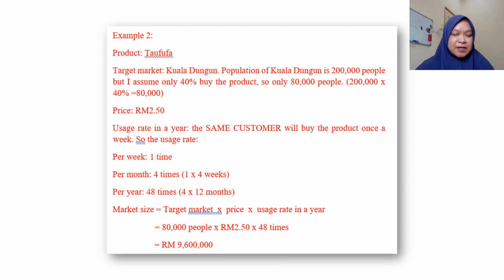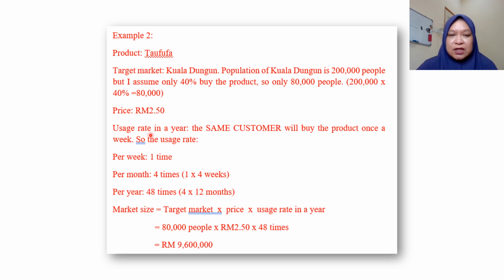Next, I give you the second example. This is the tau fu fa product. I have the target market also Kuala Lumpur, 200,000 people. I assume that about 40% will buy the product, so about 80,000 people. The price of my tau fu fa is 2 ringgit and 50 cents.